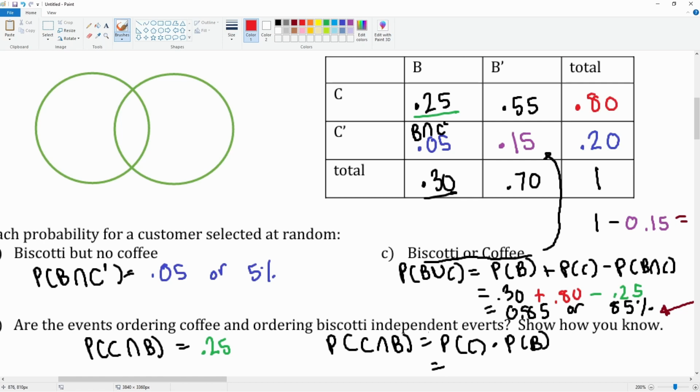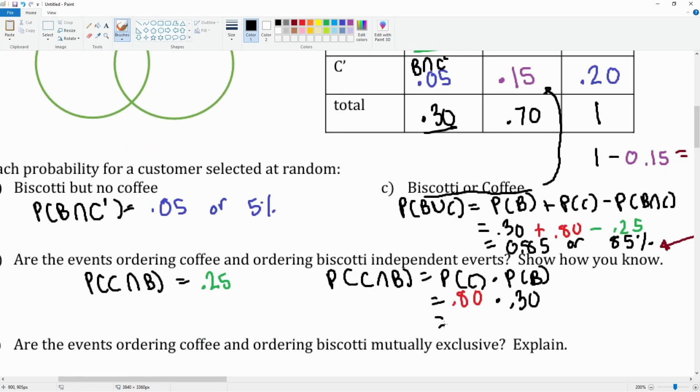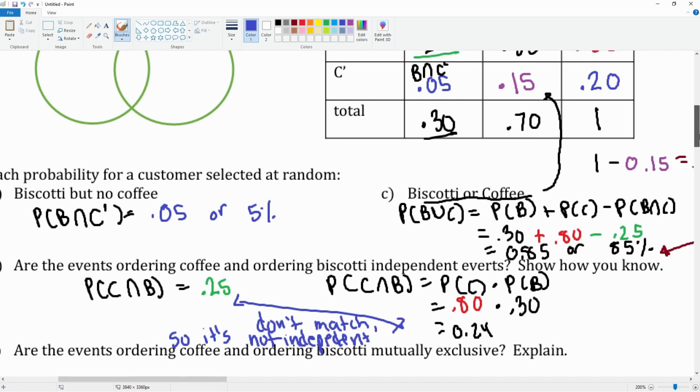Coffee was 0.80 times the total of the biscotto, which is 0.30. If we multiply 0.8 times 0.3, this gets you 0.24. Notice these don't match, so it's not independent.